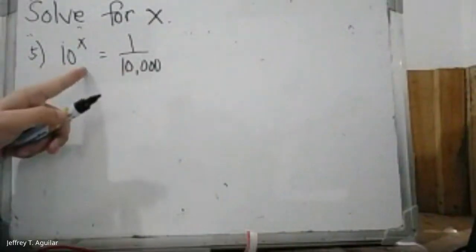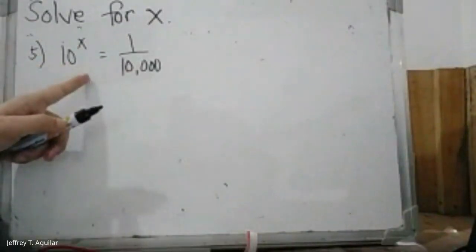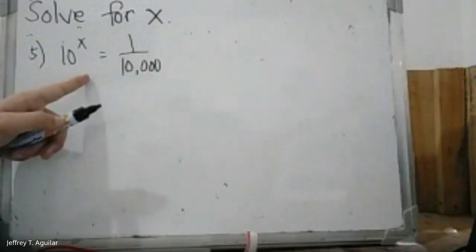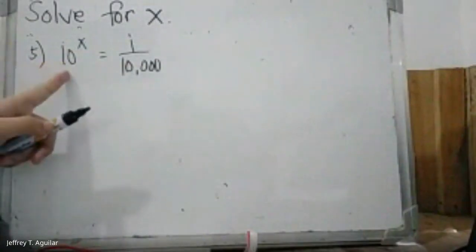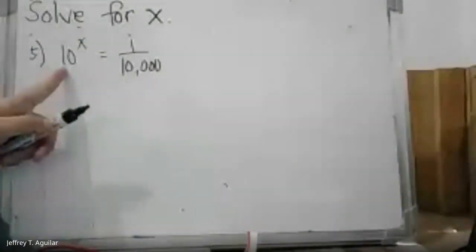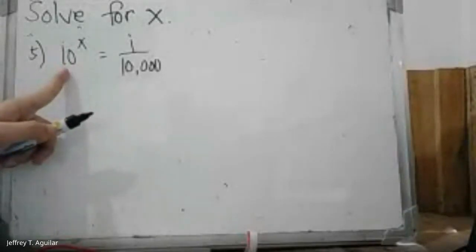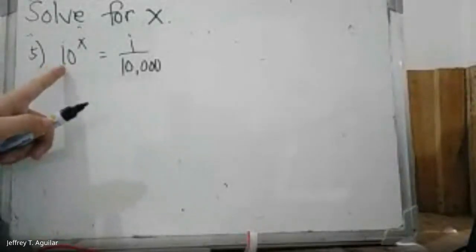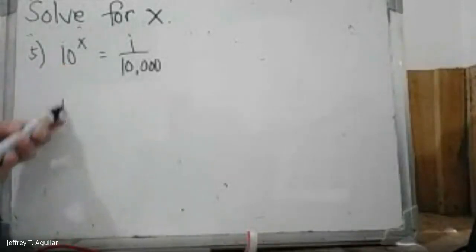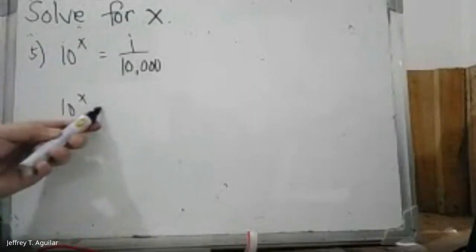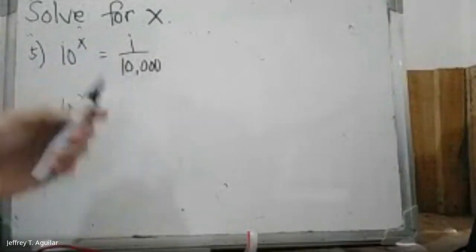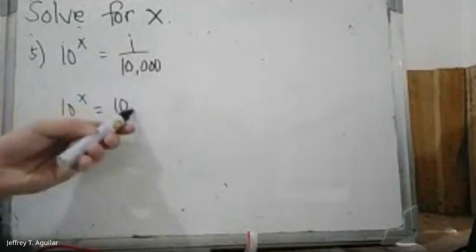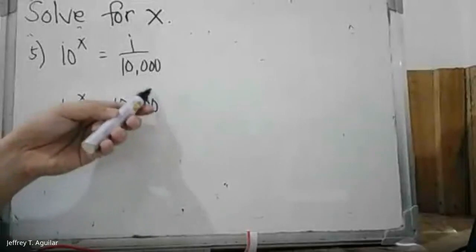At this point, we are going to focus on the right side because 10 is already in its simplest form, meaning you cannot transform 10 into another exponential figure. This is already in its base form. So copy that, 10 to the x. But you can actually let your denominator be on top. Bring that up, so this will become 10,000 raised to the power of negative 1.